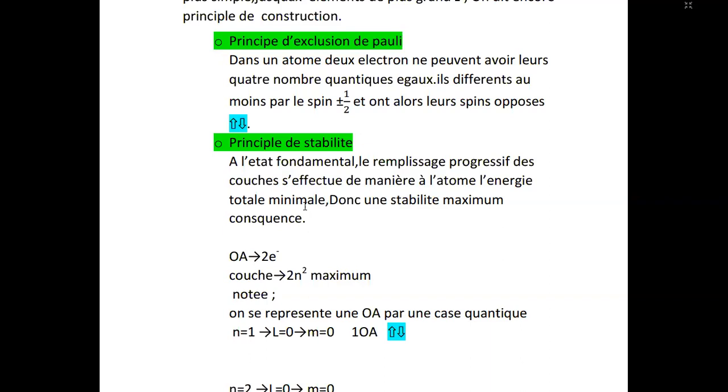So when I'm filling for stability, the first shell must have 2 electrons. Then the second shell, since oxygen has 8 electrons, 2 minus 8, you remain with 6. The second shell can occupy 8 electrons to be stable, and you have 6, which is less than 8. So you put 6.